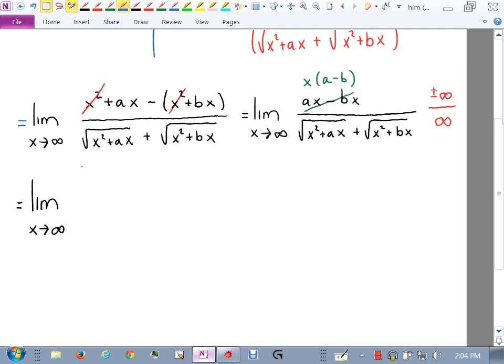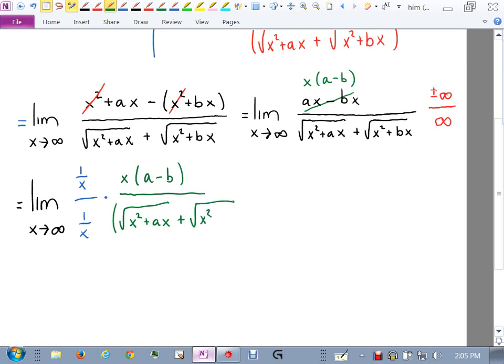I'm coming in with the 1 over x on the top, and the 1 over x on the bottom. That's going to distribute through to that x times a minus b over the bottom, which was square root of x squared plus ax plus square root of x squared plus bx.